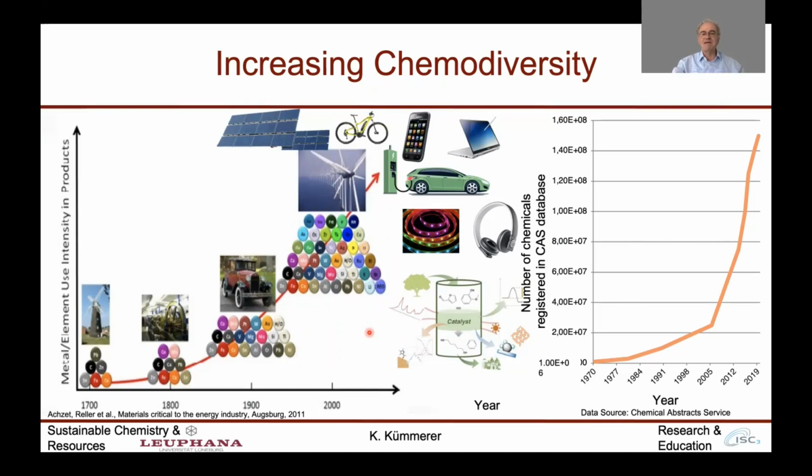So complexity is increasing, but also we see just in the sheer number of substances registered at Chemical Abstracts Service a huge increase, especially since 2005. Steep increase. Not all of these will come to the market, but several of them. So the volume and diversity of chemicals will increase.